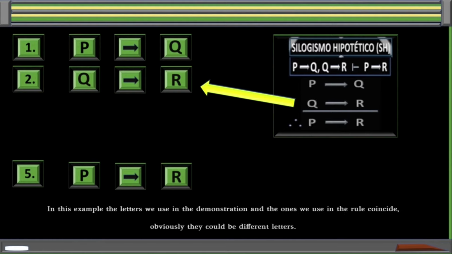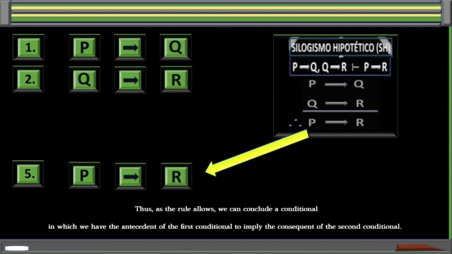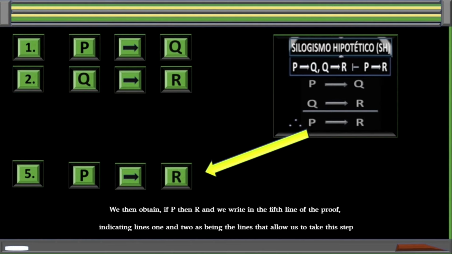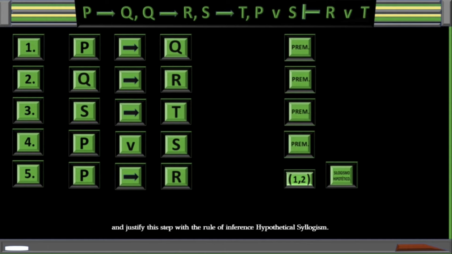Thus, as the rule allows, we can conclude a conditional in which we have the antecedent of the first conditional implying the consequent of the second conditional. We then obtain if P then R, and we write it in the fifth line of the proof, indicating lines 1 and 2 as being the lines that allow us to take this step, and justify this step with the rule of inference, hypothetical syllogism.